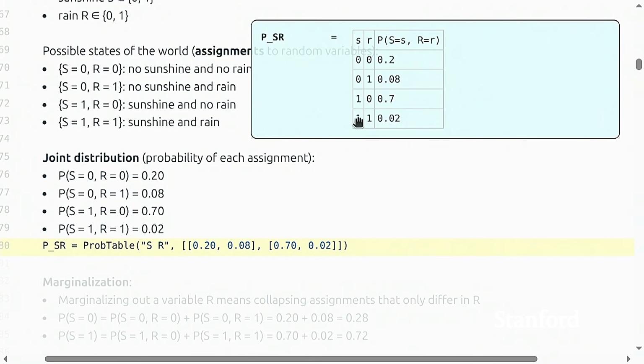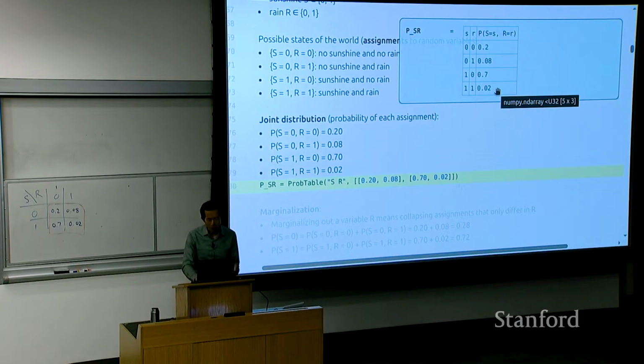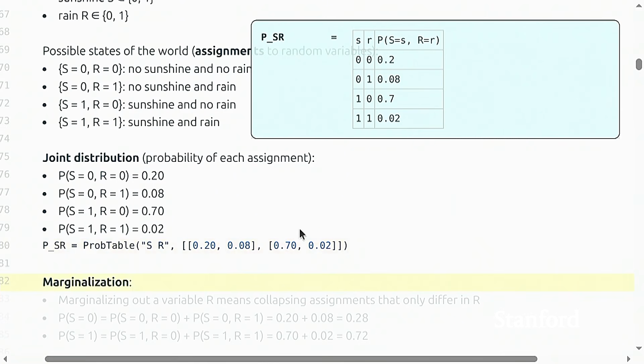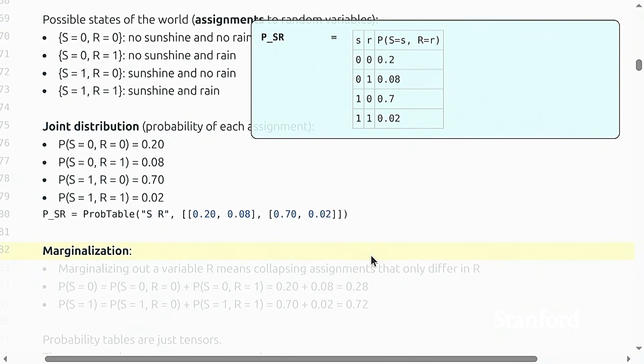So the probability of sun and rain is 0.02. This is a joint distribution over all the variables. Every assignment gets a number, which is a probability. And now the first operation is called marginalization.